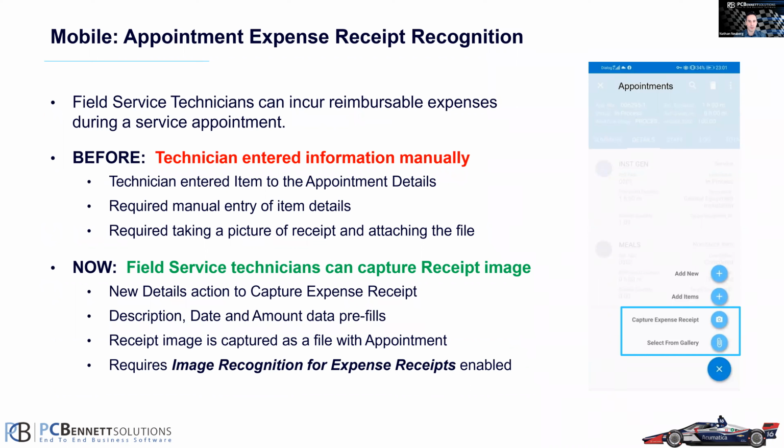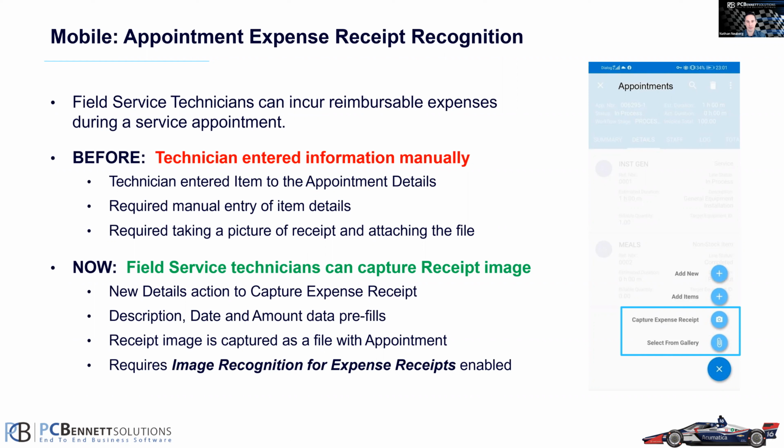So if you're using the image recognition for expense receipts, we can now make use of that awesome functionality directly within appointments from the mobile device. So oftentimes technicians and installers can incur expenses. They need to go out, stop at a supply depot, get some parts for their installation. You don't necessarily know the cost of those parts when you're entering the appointment or the service order.